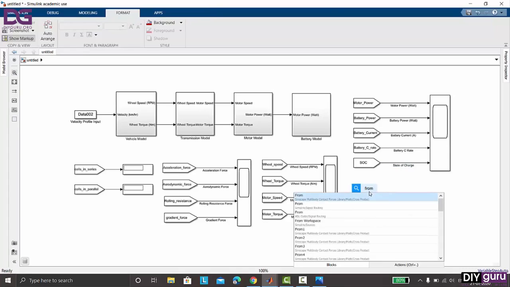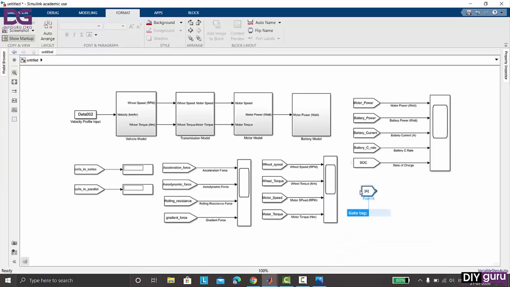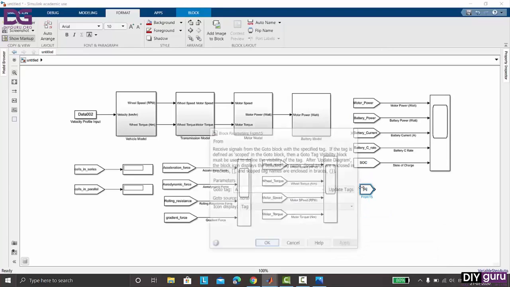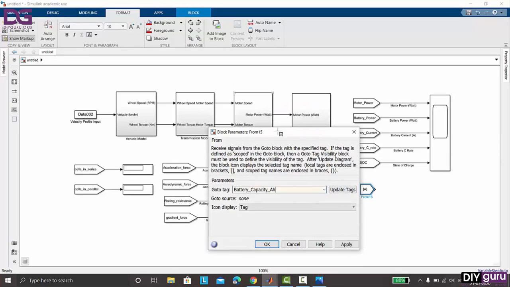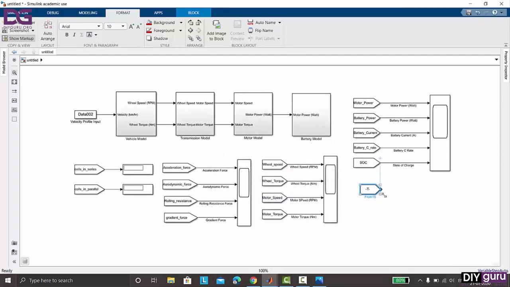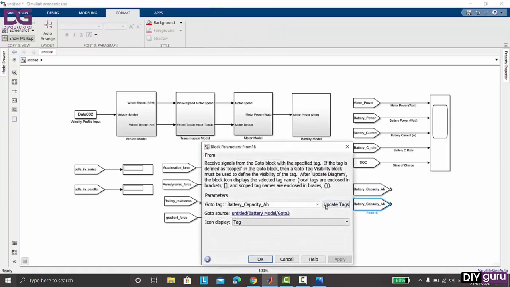Now we are left with the estimation of the battery capacity in ampere hours and watt hours. So add from block, name it as battery capacity in ampere hours. Copy the block and change it to the battery capacity in watt hours.